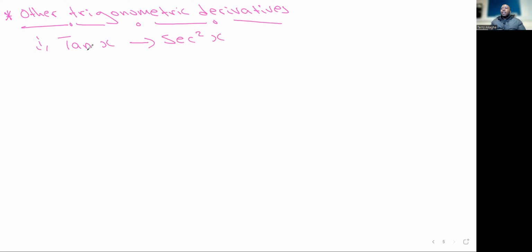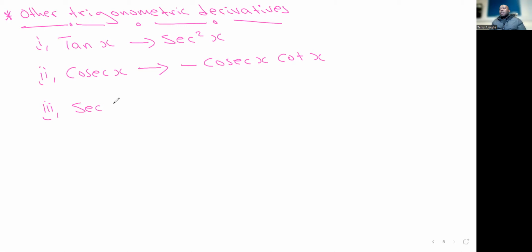When you differentiate cosec x, it's going to give you minus cosec x cot x. So when you differentiate cosec x, you're going to have minus cosec x cot x. They have proofs for this, but we're not going to talk about them.